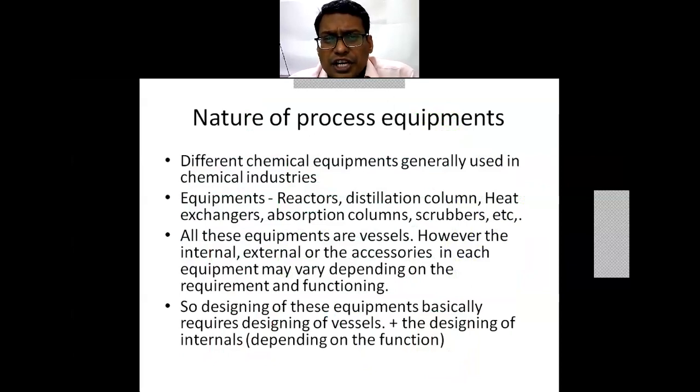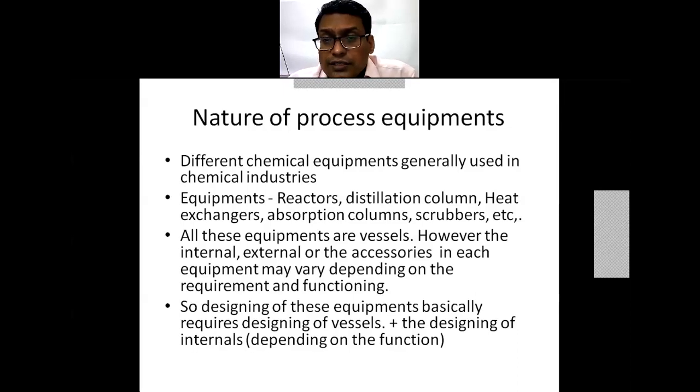We have already discussed the nature of the process equipment. So the different chemical equipment that is generally used are reactor, distillation column, heat exchangers, absorption columns, then scrubbers, and all these equipments. However, the internals are going to vary. So the designing of this equipment basically requires the designing of a vessel and the designing of the internals.